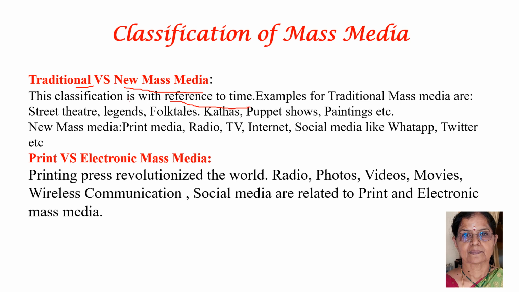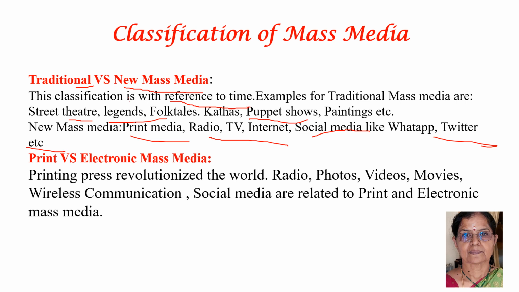Examples of traditional mass media are the old street plays, street theaters, legends, folk tales, kathas, puppet shows, paintings. All these are called traditional mass media. And new mass media are print media, radio, TV, internet, and social media like WhatsApp, Twitter, Facebook, etc.